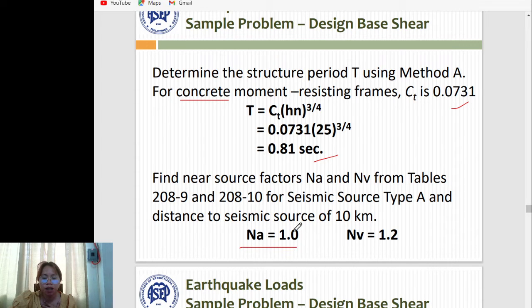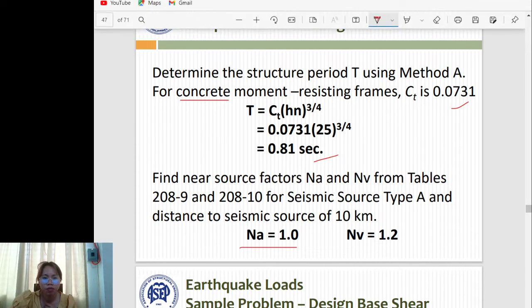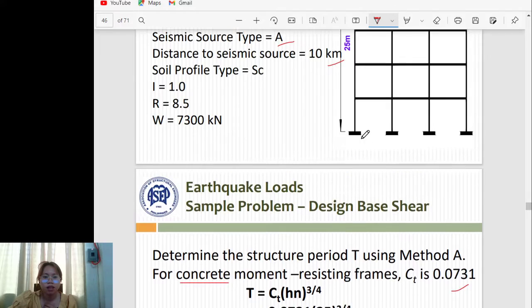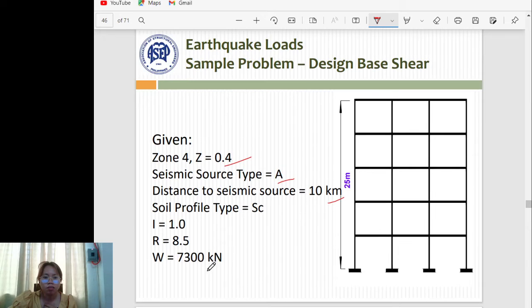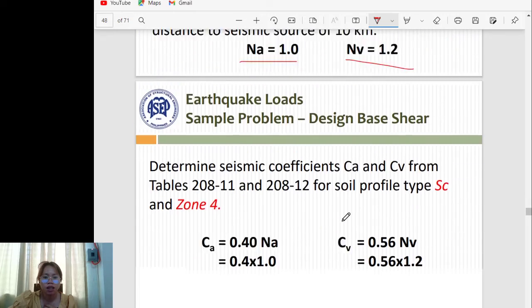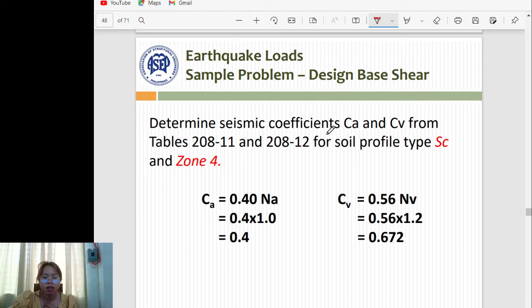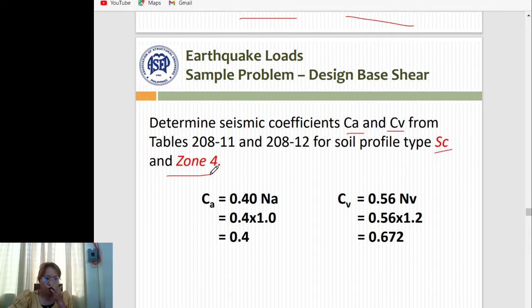So your N sub A, this can be from the table in the previous slides now. N sub B is 1.2 according to this given condition of your building. And determine the seismic coefficient C sub A and C sub V from table for soil type S sub C and zone 4, no?